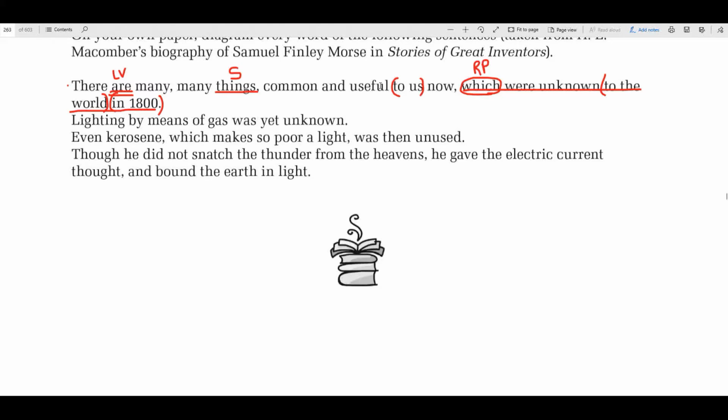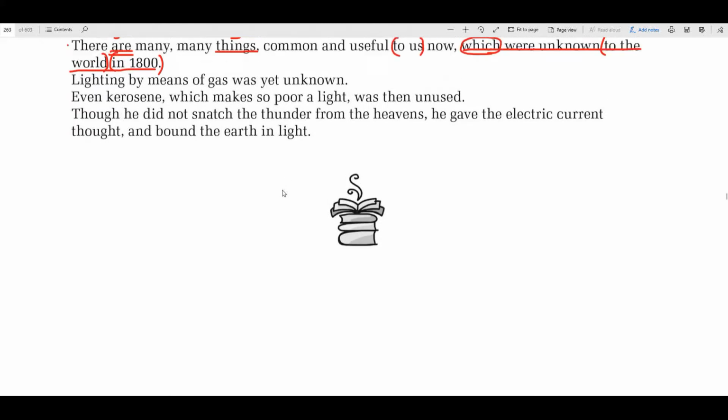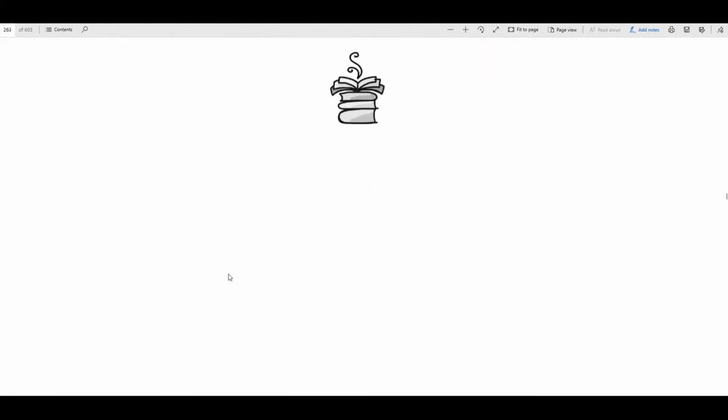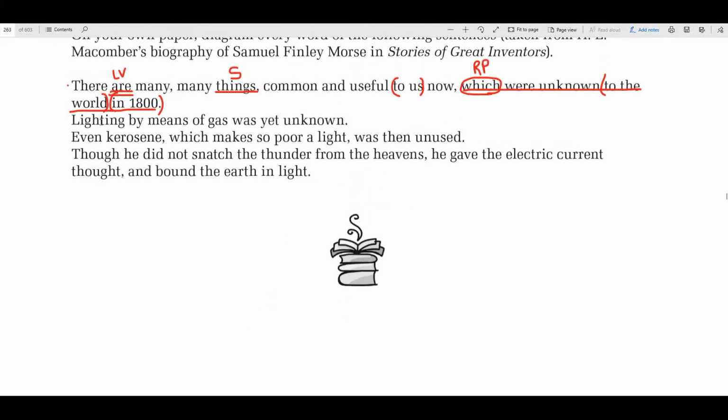But I'll give you a hint. They've put common and useful below things. Okay, so let us just go ahead and do it. I'll just help you with it. How about that? Okay, so things, are and things.